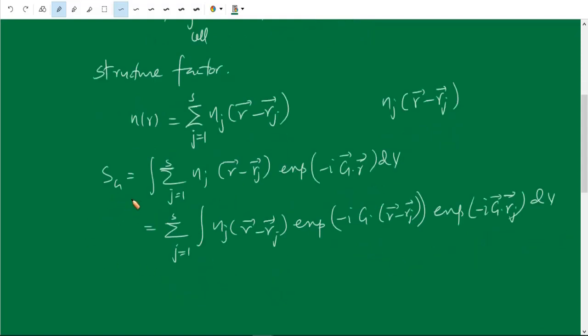So structure factor is due to a cell. So a cell may contain number of atoms, s number of atoms, for example. So therefore we can write this thing as summation over j of fj exponential minus i G dot rj.